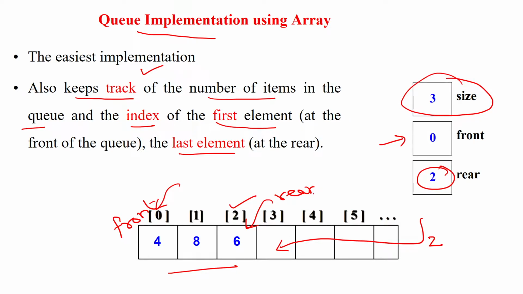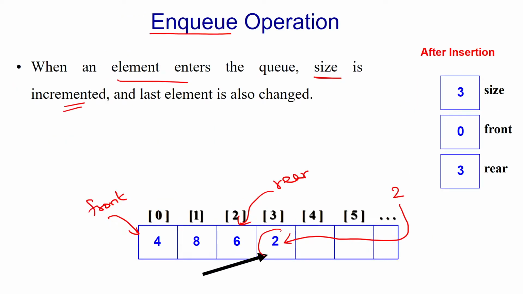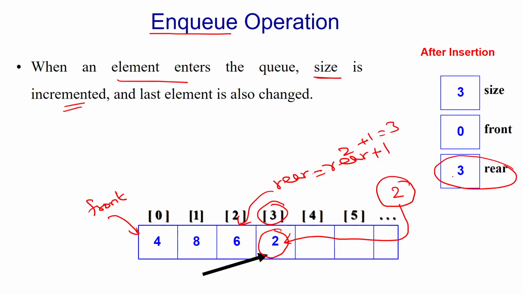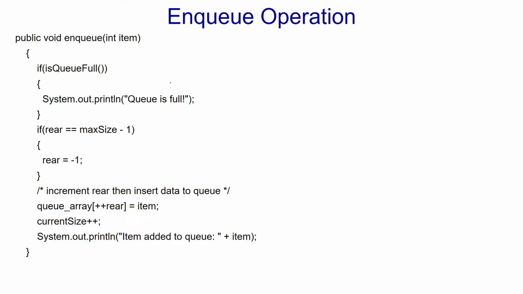Now the rear pointer is incremented by 1, and then the 2 is stored here. So rear will now be location 2 plus 1, which is 3. In location 3 the new data item 2 is stored, so the rear pointer is now updated.